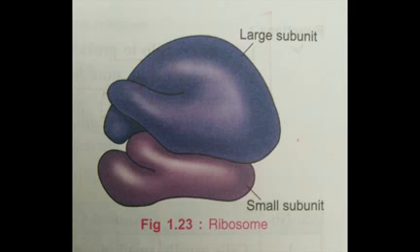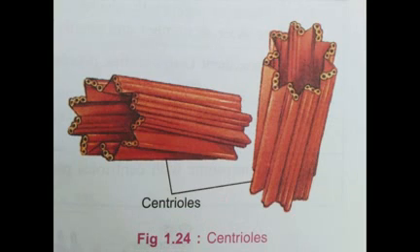After ribosomes, we'll see what the next cell organelle is, that is centrosomes and centriole. Centrosome is a small structure situated close to the nucleus in animal cells, and it is a somewhat clear area in which a pair of small granules called the centrioles can be seen.